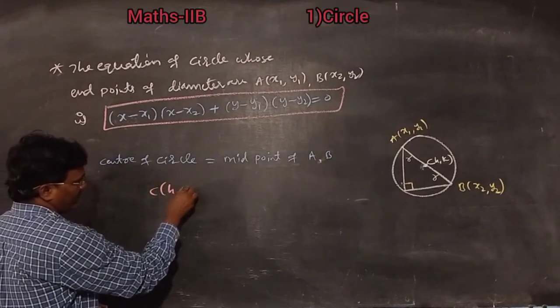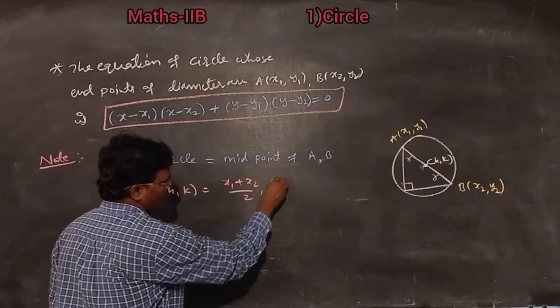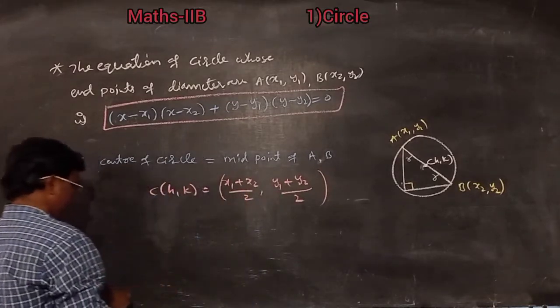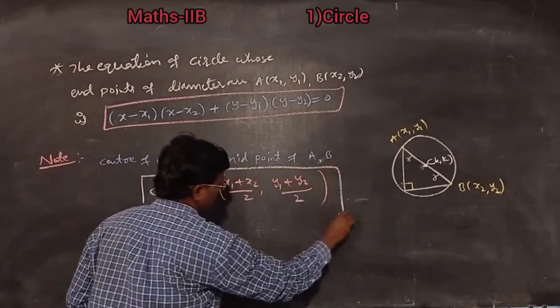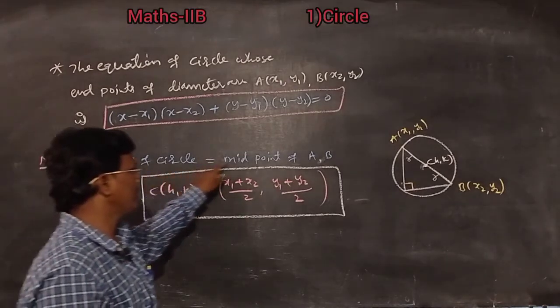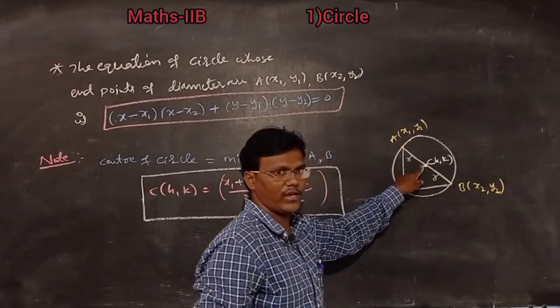C of h comma k is equal to x1 plus x2 by 2 comma y1 plus y2 by 2. So the center of the circle is the midpoint of these two points A comma B.